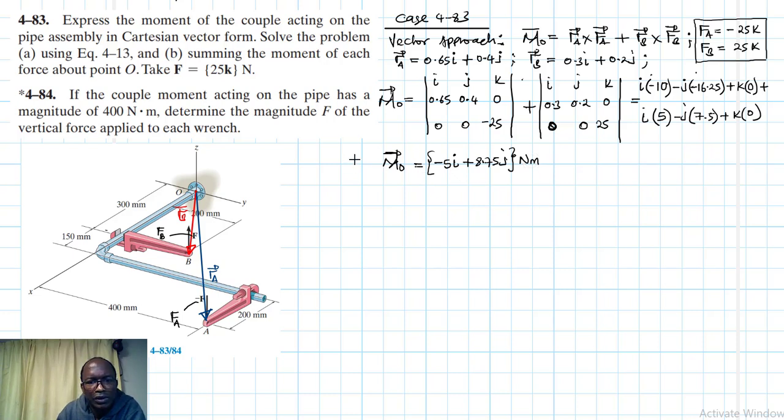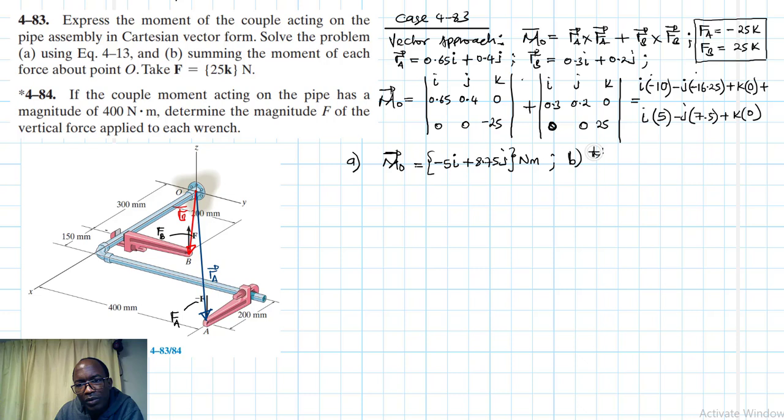Alright, so this is the solution for the first case, case 4-83, and then in B they're asking us to find the individual moments due to the individual forces about O, which are already there.